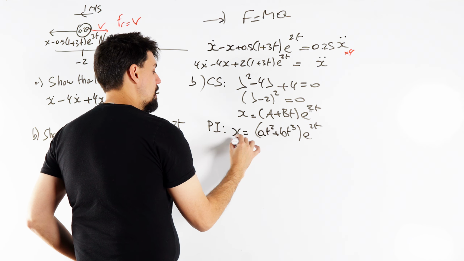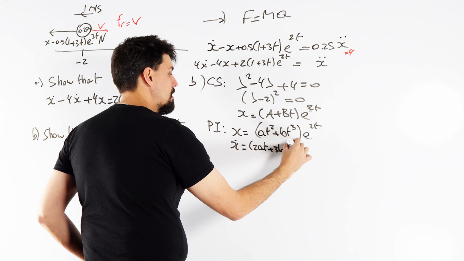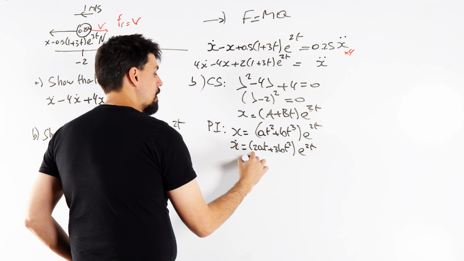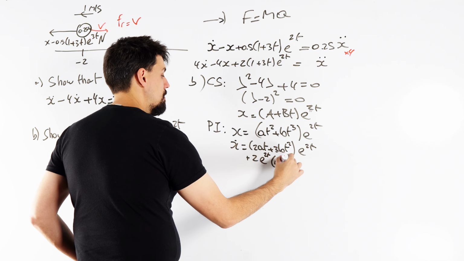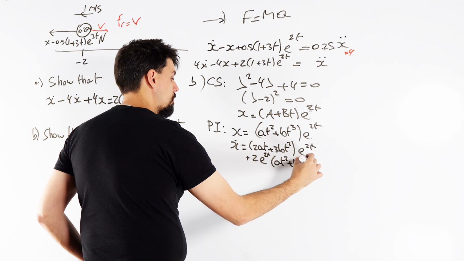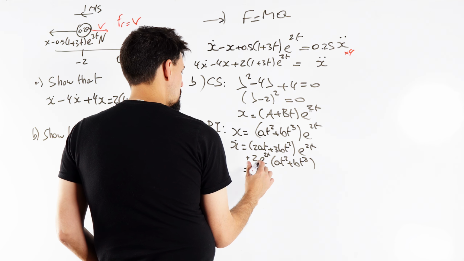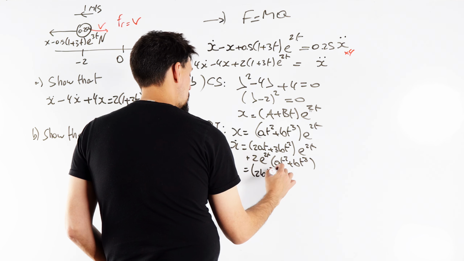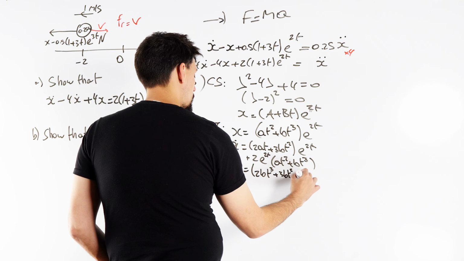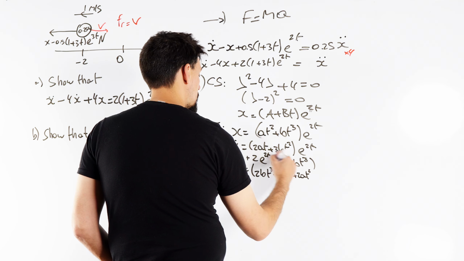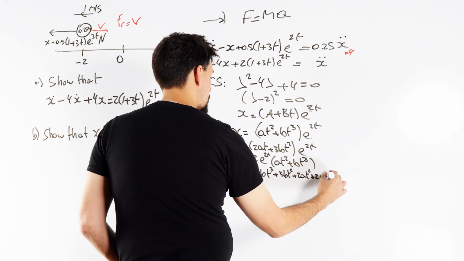Right. Let's differentiate that. We get 2at plus 3b t squared, keep that, plus, differentiate that, keep this one, which is 2b t cubed plus 3bt squared plus 2at squared plus 2at.